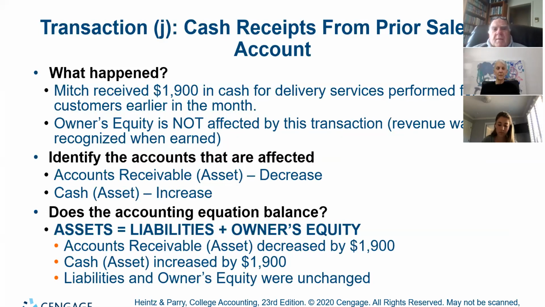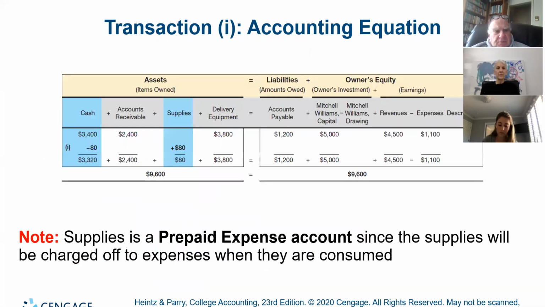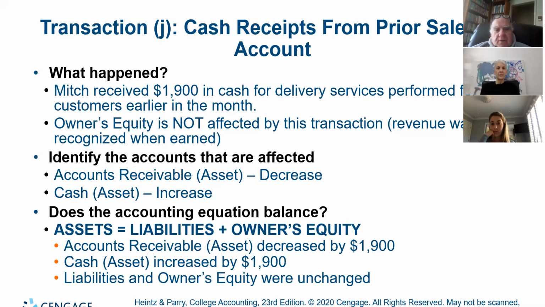Okay, what happened here? Cash receipts from a prior sale on account. Well, let's see. Remember we sold something on account? I see $2,400 here. This customer owes us $2,400, or customers total owe us $2,400. Well, one of them paid the bill.